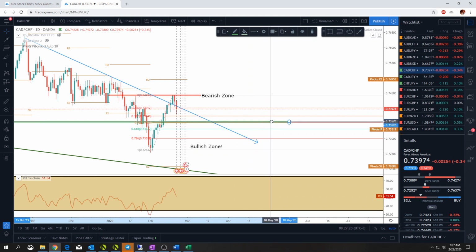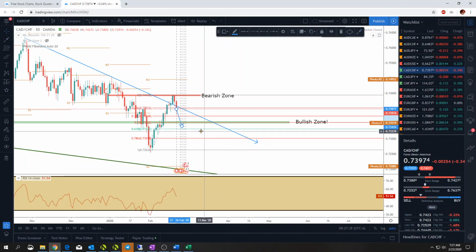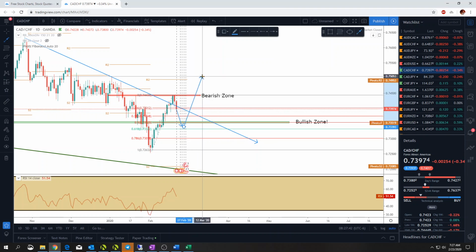Let's not be too aggressive. But if we look at Fibonacci, it almost hit the 318 but didn't. So I'm expecting this thing to continue down from where it's at into this region, and then we're going to look for that bounce.